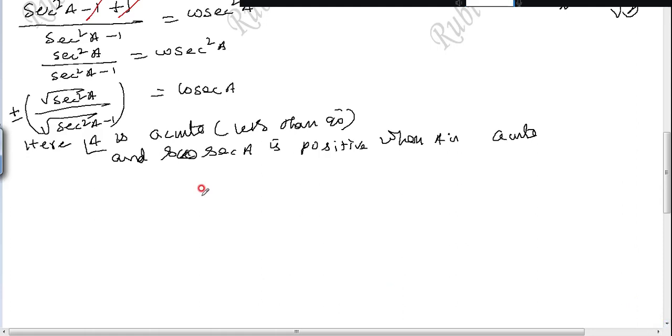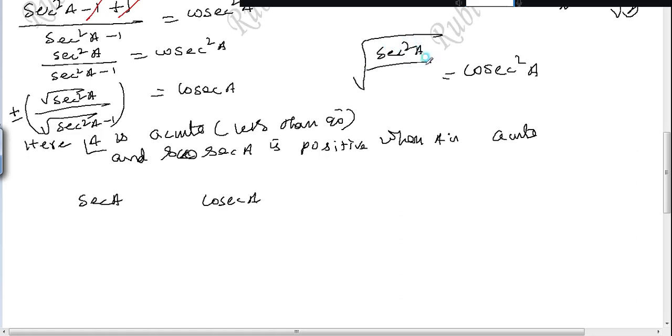So what will you write? Cosecant A equal to, root of secant squared is nothing but secant A. Cosecant A equal to root of secant squared A divided by secant squared A minus 1, plus or minus. Do you follow?